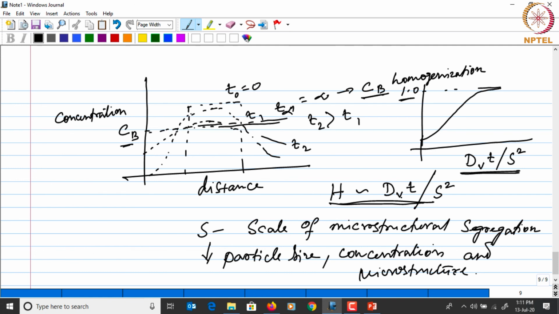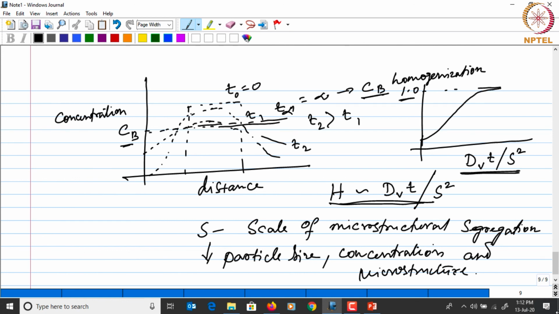So this is how we can see the unique ability of the powder metallurgy process in combining different materials into one which is having better properties compared to the individual materials which are mixed into it.